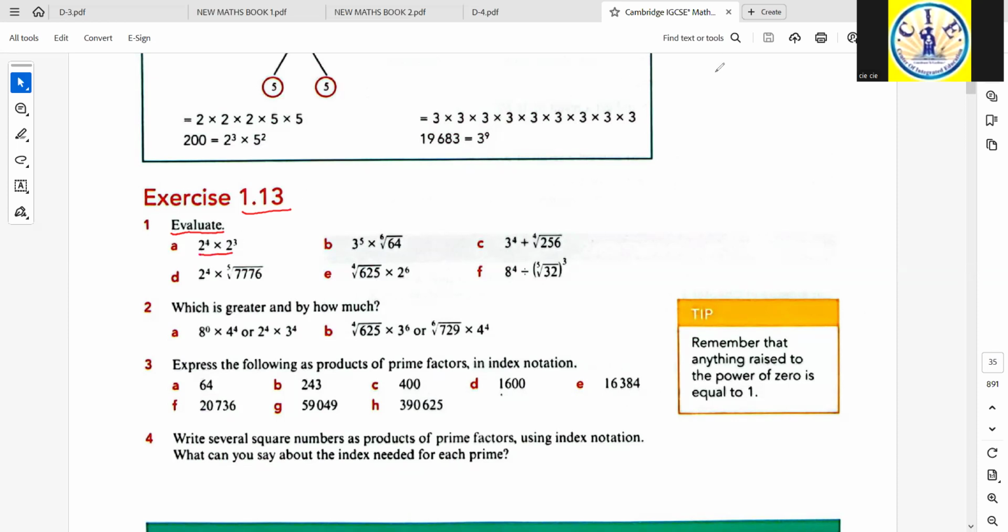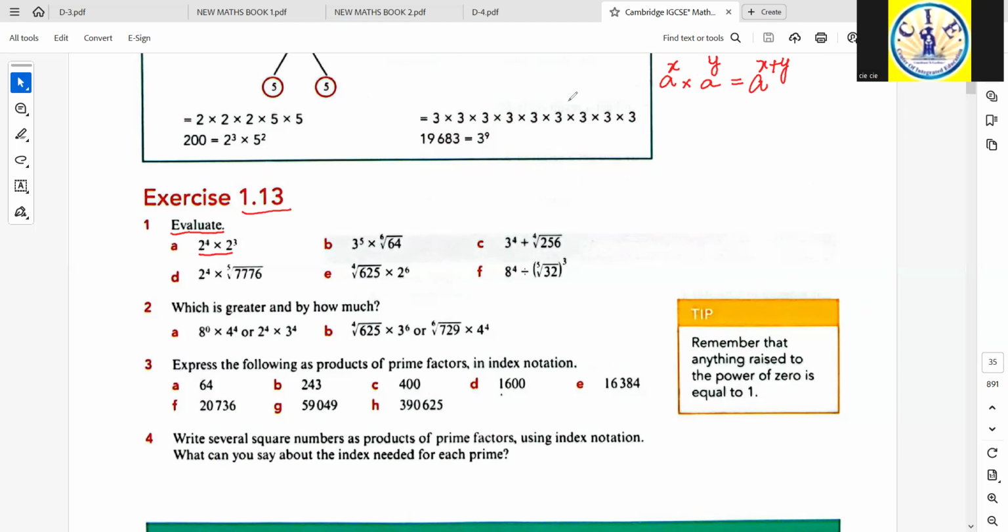Here, we are going to apply the rule of indices, which states that whenever there is a number a with, let's suppose, exponent x, and then another number with the same base a, but it has got a separate power like y. When you need to multiply them according to the rule of index, you write the base only once and their powers are added.